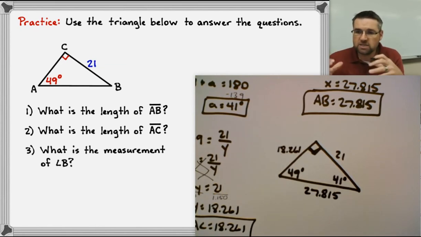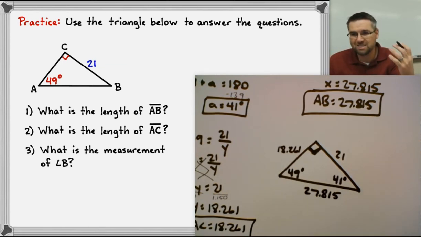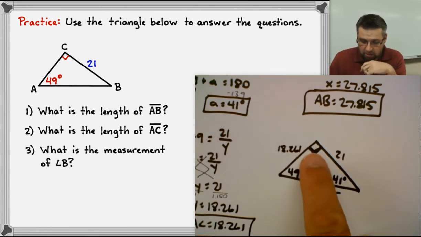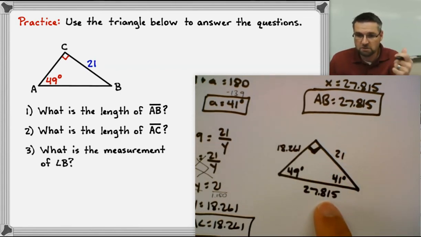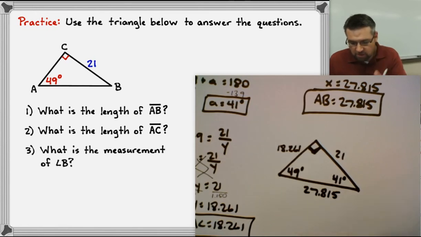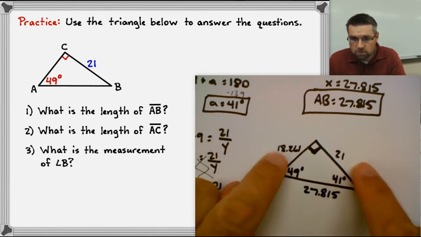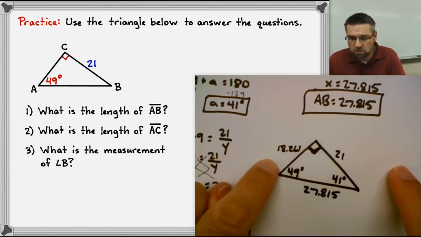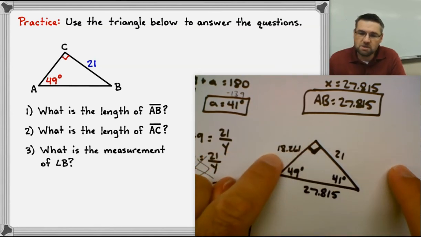Remember, the hypotenuse has to be the longest side. That's just guaranteed. If the hypotenuse isn't the longest side, then we did something wrong. We can see that the hypotenuse here, 27.815, is bigger than the other two sides. So that part's good. The next thing we want to check is that the smallest length, the 18.261, needs to be opposite the smallest angle.